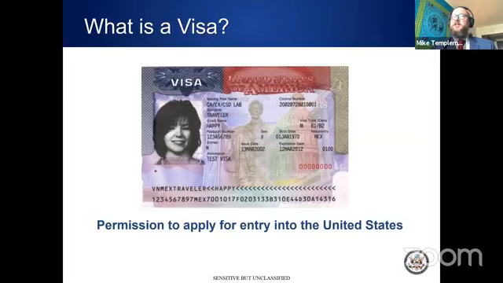You'll be applying to most likely an F or a J visa, and we can talk about those categories and what they mean, but the type of program that you are applying to in the United States will determine what forms and type of visa you will be applying for. If you're issued a visa, it goes in your passport, and you absolutely need that visa to be valid, with the correct dates and correct information, in order to travel to the United States. So you have to do that step first. Okay, let's go to the next slide, please.